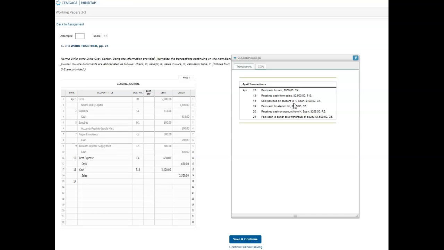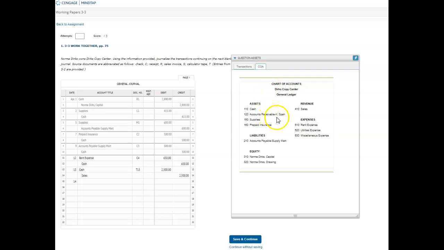It also gives you a clue that it's K-Spa, the person who purchased it. You can go to the chart of accounts, look for an account title with K-Spa in the name, because remember, we have to keep track of who owes us money. So we're receiving it.